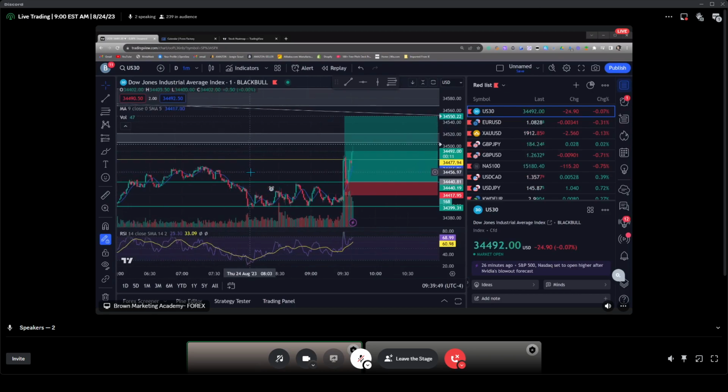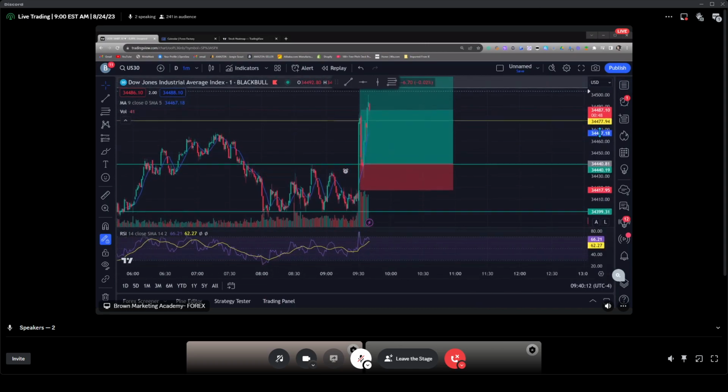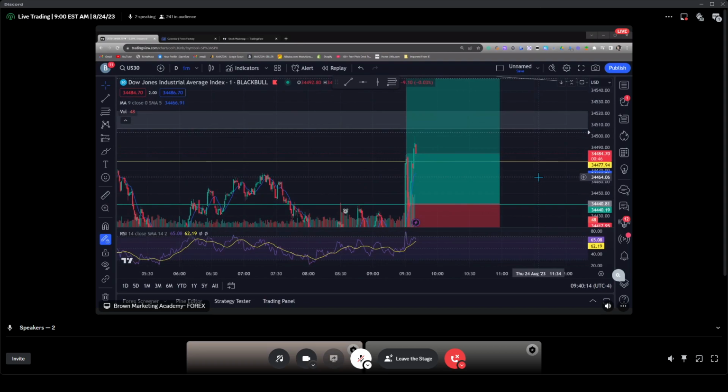S&P opens higher. Good move, the Punisher. Good move. A smart move.